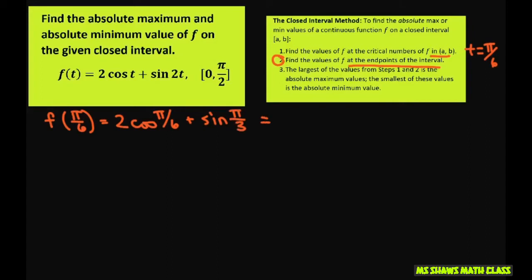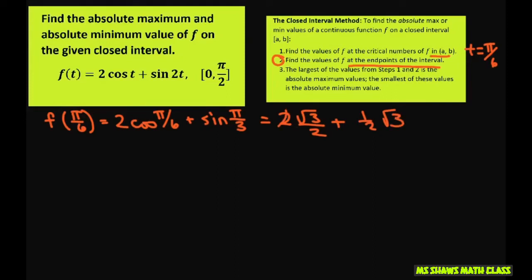And this is going to end up giving you cosine of pi over 6 is square root of 3 over 2, so 2 times square root of 3 divided by 2 plus 1/2 square root of 3.